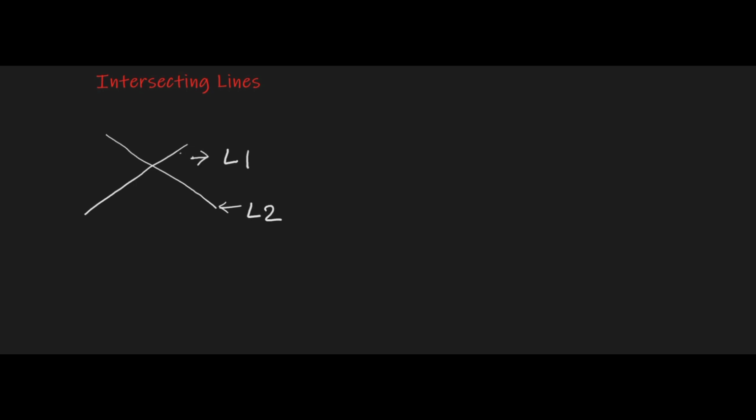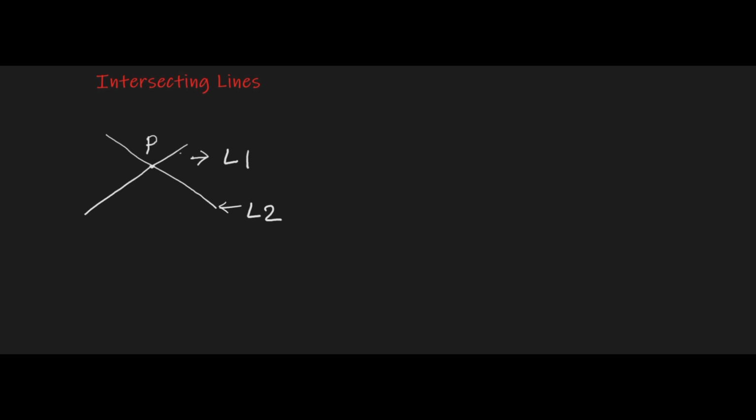These two lines are intersecting at one point. I will name this point P. They both meet at point P, which is called the point of intersection.